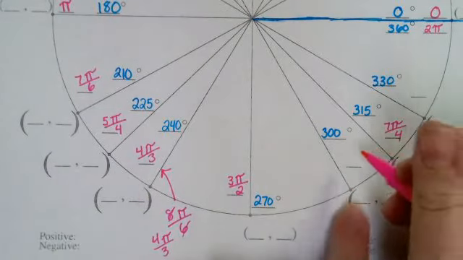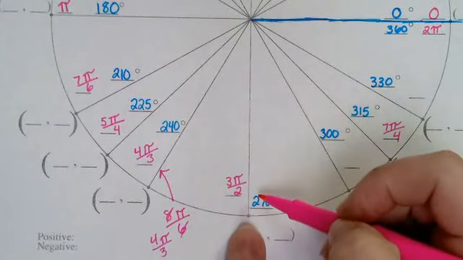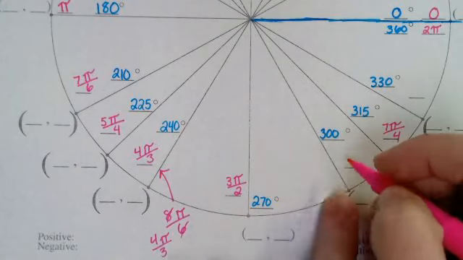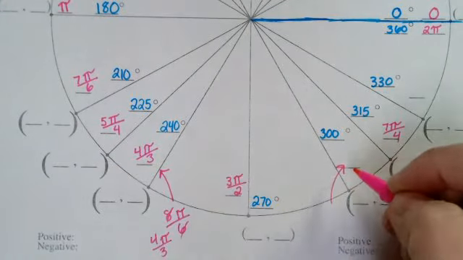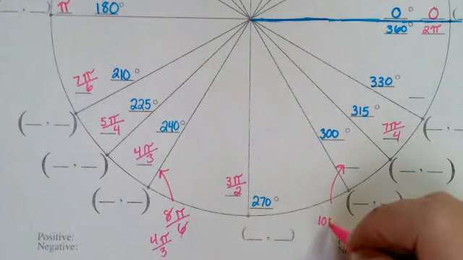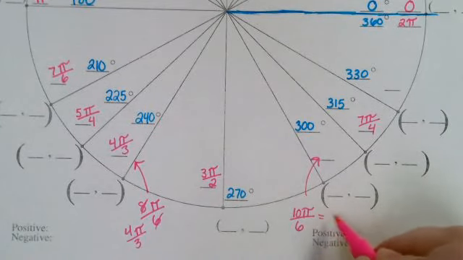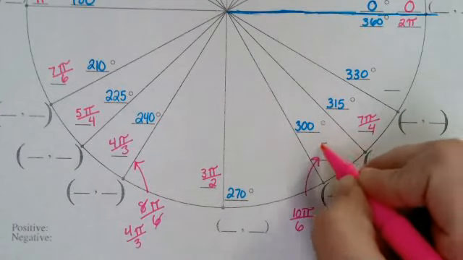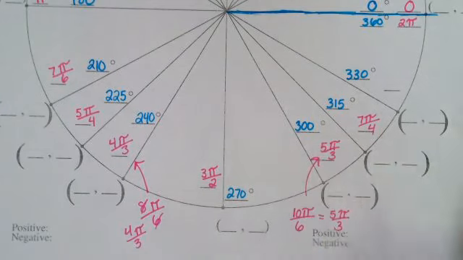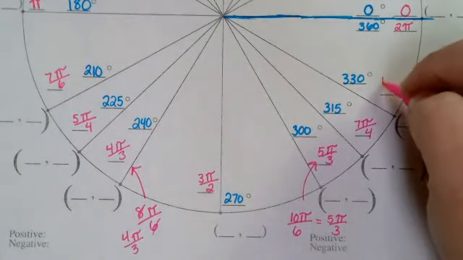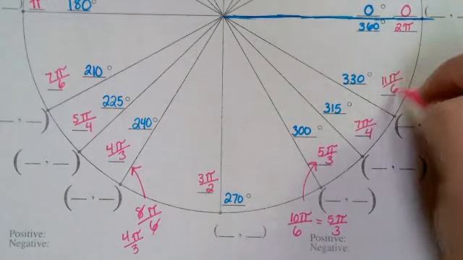That was 8/6, 9/6, 10/6, which we can also deal with. 10 pi over 6 would reduce and become 5 pi over 3. And then over here, our last one, that was 10/6. This is 11/6. 11 pi over 6.